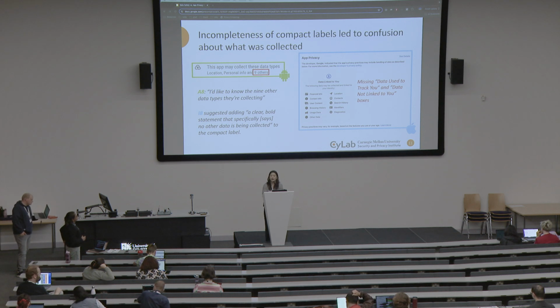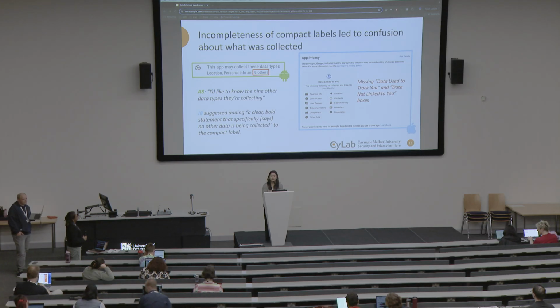When users saw that, they felt this information was helpful, and seeing the expanded label was more helpful than what was displayed on the compact label. There were also a couple of data type categories that were really confusing to our users, such as analytics or user content. There's more about this in the paper.